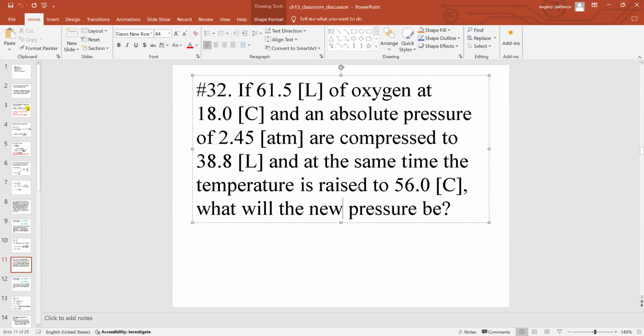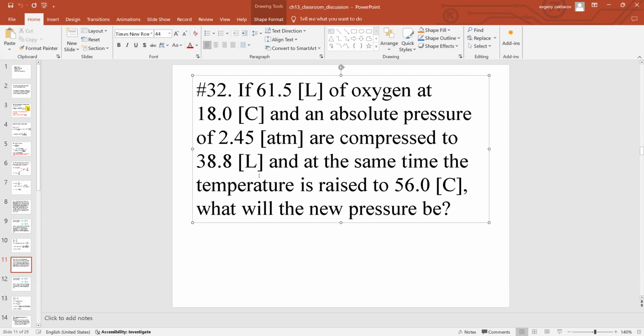Okay, some more practice with the ideal gas law. We got a certain volume, 61 liters of oxygen at a certain temperature, and that's in Celsius, which is also not good. We have to convert to Kelvin. And absolute pressure is in atmospheres. See, I'm giving you all the bad units, so you have to convert everything to System International first.